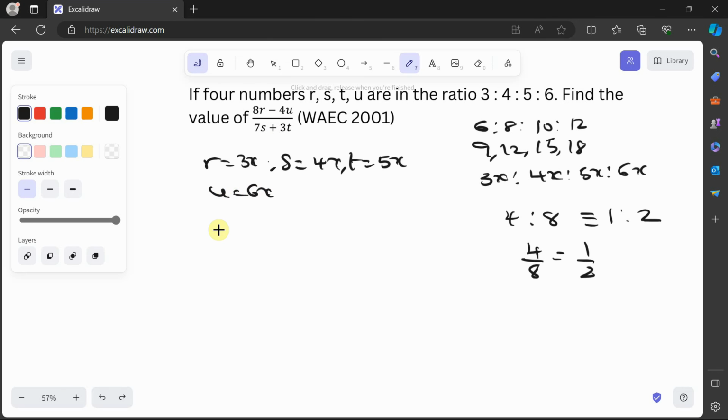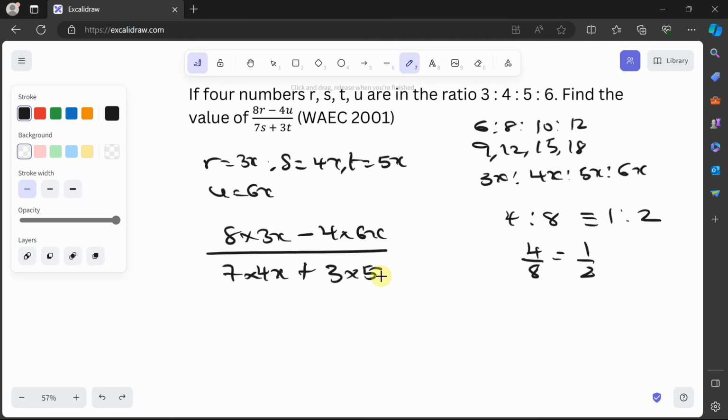So let's substitute. 8 times 3x minus 4 times 6x all over 7 times our S, which is 4x, so that will be 7 times 4x, plus our T is 5x, that will be 3 times 5x. So 8 times 3x is 24x, minus 4 times 6x is 24x, all over 7 times 4 is 28x plus 3 times 5 is 15x.